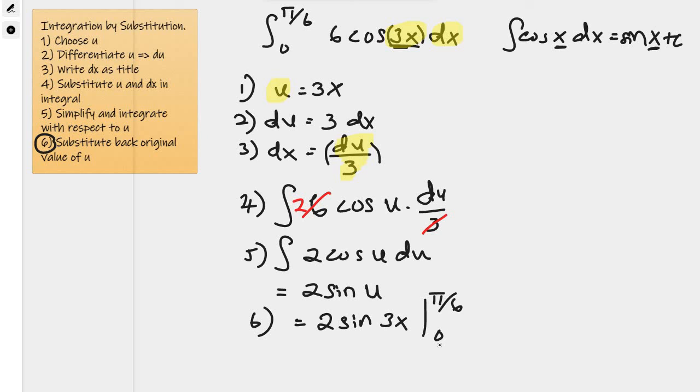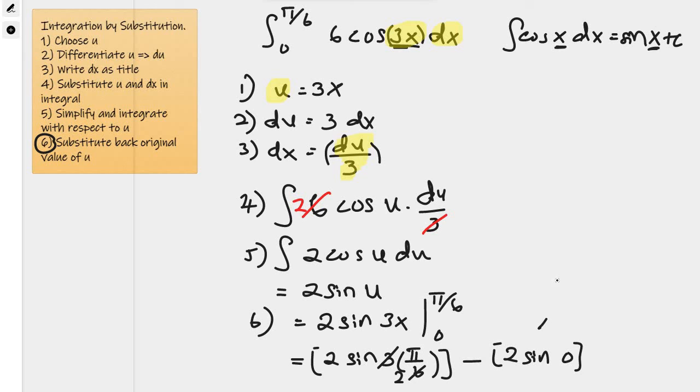So now you need to substitute 2 sin 3 times pi over 6, minus 2 sin 3 times 0, I just get 0. 3 times 0, I just get 0. So simplify, 3 over 6 is 1 over 2, so pi over 2.